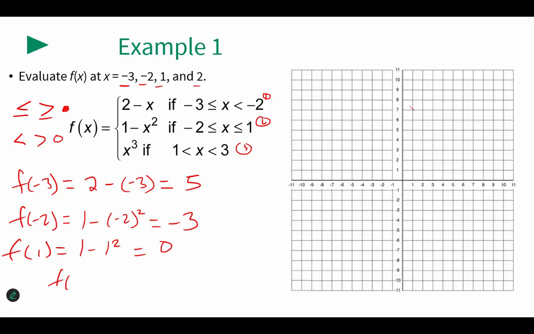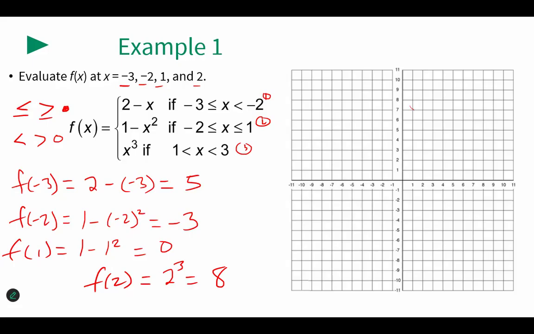F of 2 is defined on interval 3, right? Because 2 is between 1 and 3, correct? So I'm plugging in and that gives me 2 to the third, which equals 8. So that's how you use piecewise defined functions to evaluate. You determine where they exist, and then that's the rule you follow. Make sense?